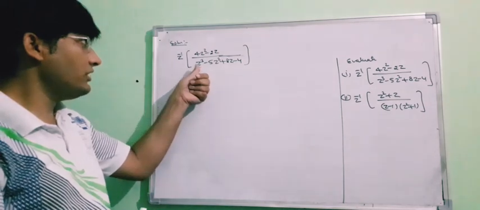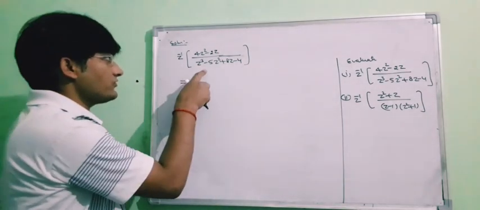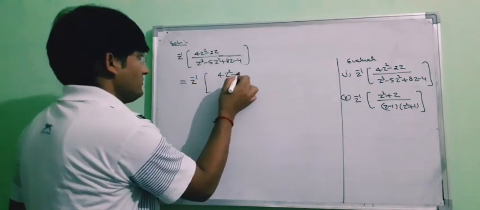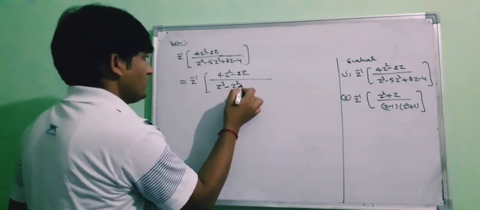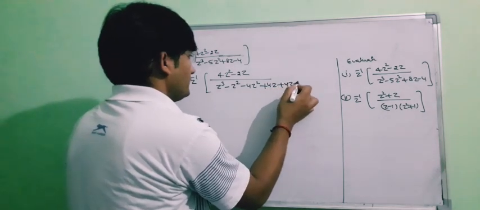So if you put z equal to 1 here, then z minus 1 is a factor of this one, so we can write it as (4z square minus 2z) upon (z cube minus z square minus 4z square plus 4z minus 4).